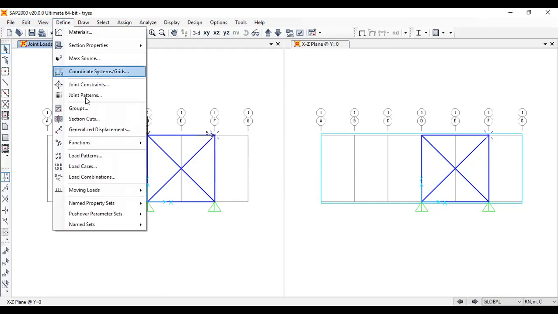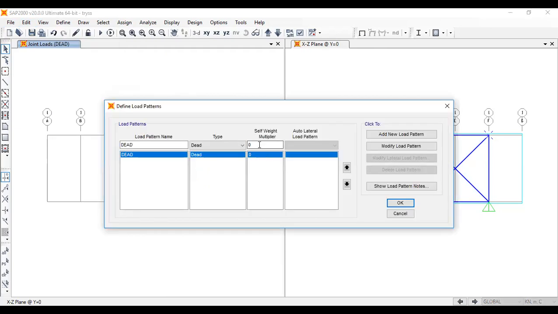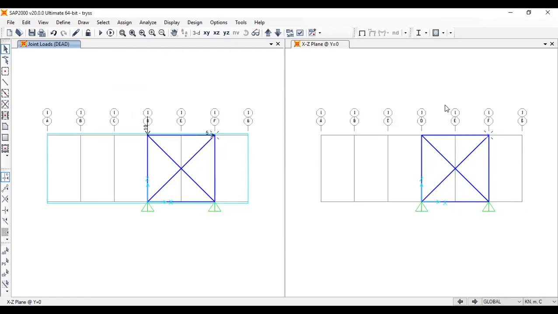So I need to set the self weight to 0. So I have self dead weight, self weight multiplier 0. So that won't calculate the self weight. So our results can be approximated to exact finite element results, right? So now it's okay. I can run the simulation and see.